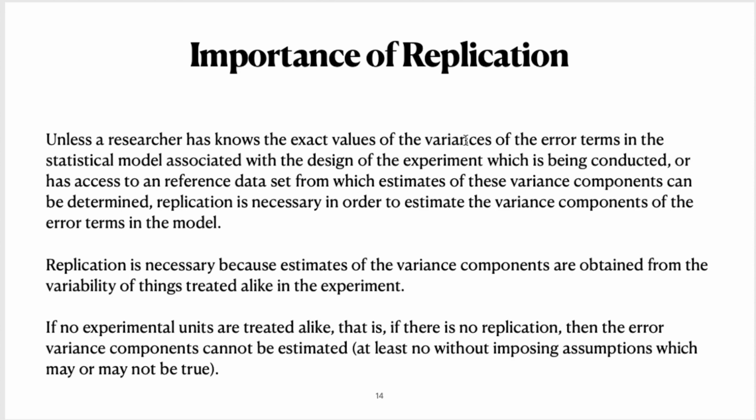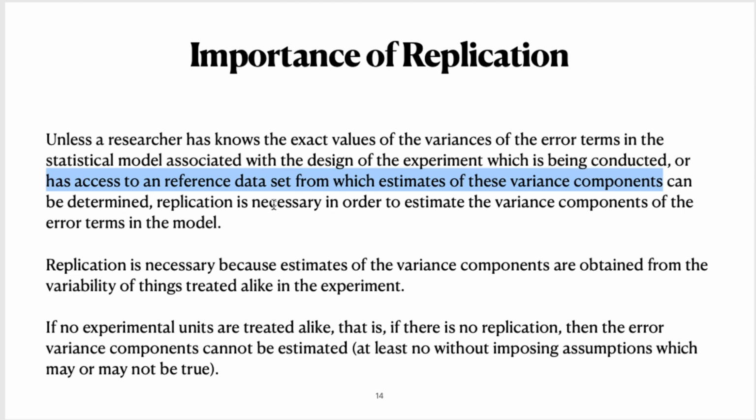Now, let me just say here, unless a researcher knows the exact values of the variances of the error terms, well, they're never going to know that. So we can rule that out from the get-go. Or if they have access to a reference data set from which estimates can be computed, well, they may have that. There may be situations where a researcher, maybe an agronomic type of researcher, has data for a particular set of fields over many years, maybe over many decades.